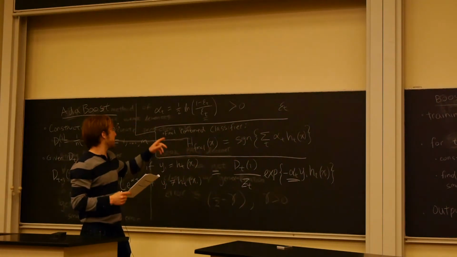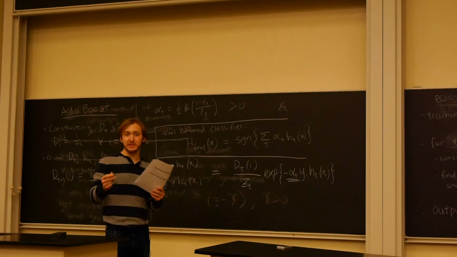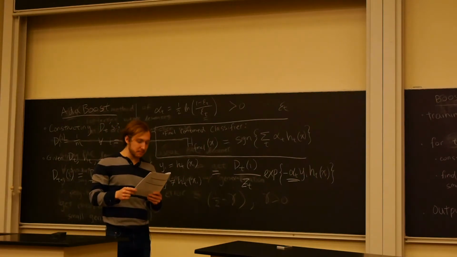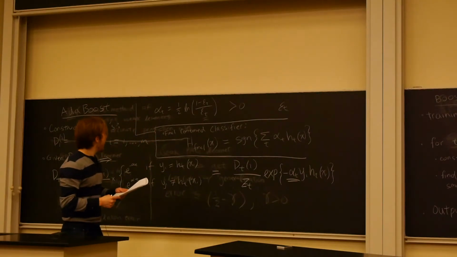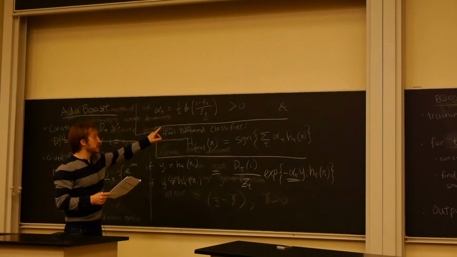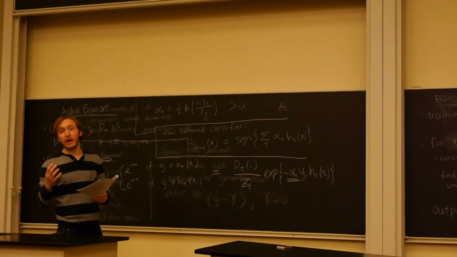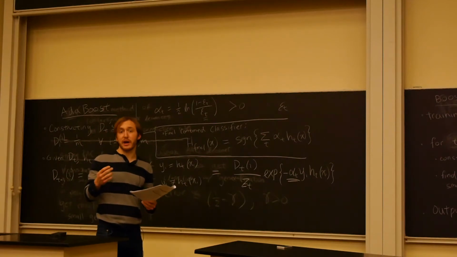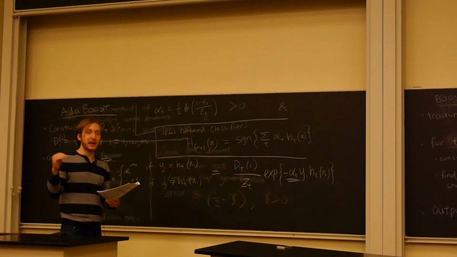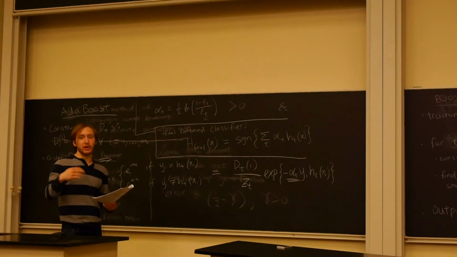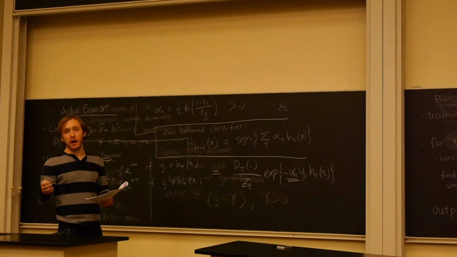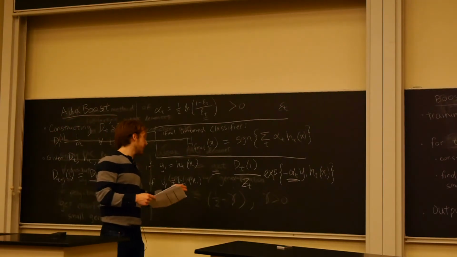So it should always be greater than 0, assuming that you have weak learners that are better than random guessing. Also, alpha t gets larger as your epsilon t gets smaller. This is what you want. You want a stronger weight for each of your hypotheses depending on its error. So if it has lower error, you want a stronger weight in your final weighted sum to get your final classifier.